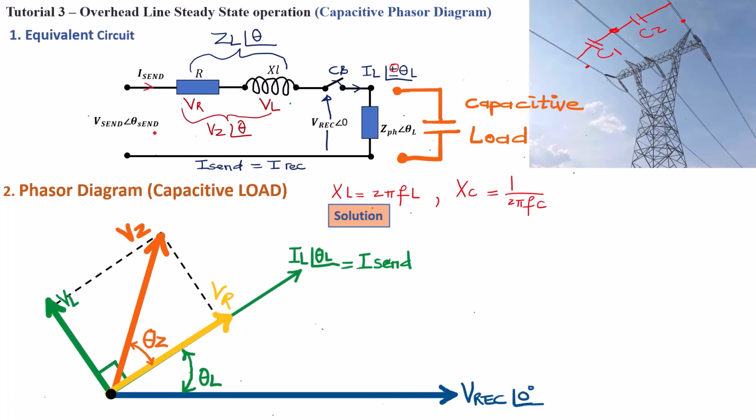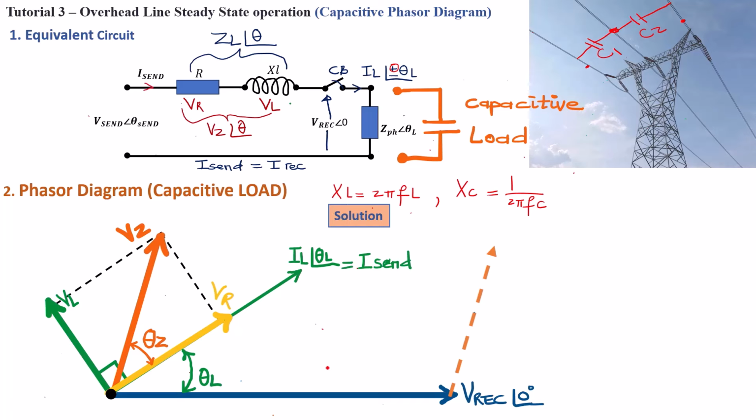So now we've got V receiving here that we've already plotted, and we've got the VZ here. So we can just make a phasor sum of these two by making a projection of VZ to the top of V rec here. Okay, now we've done the vector sum of the V rec vector and the VZ vector by combining them end to end.